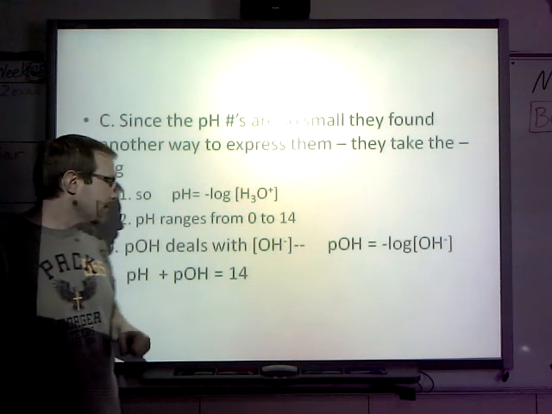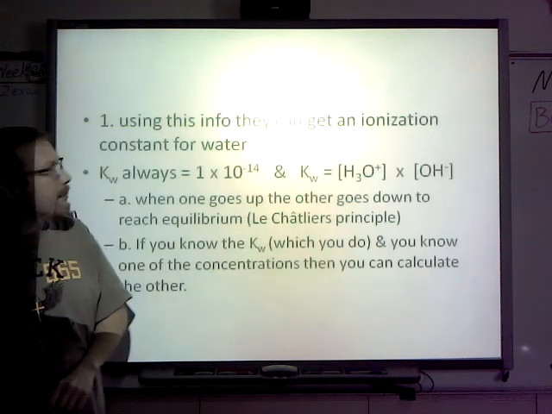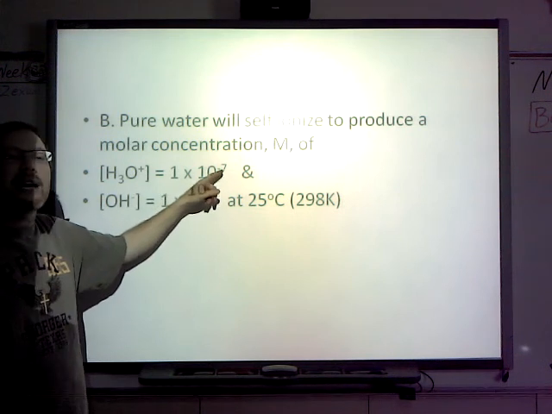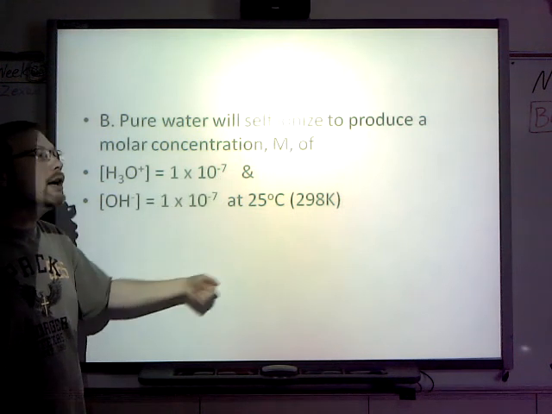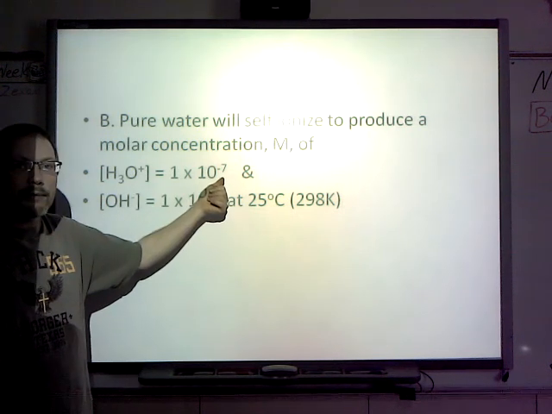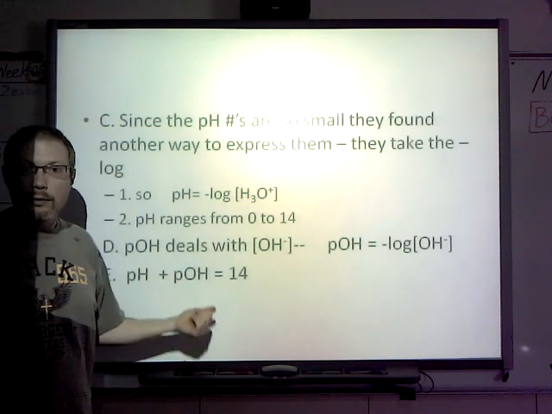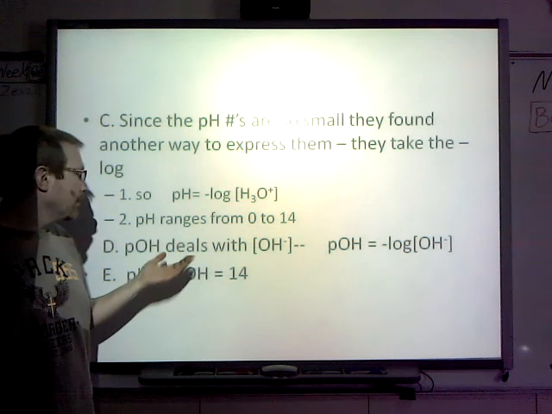Okay? So for instance, if I've got something like water, 1 times 10 to the negative 7th, I hit negative log 1 times 10 to the negative 7th, and I hit enter, it's going to spit out a 7 at me, which tells me I've got a pH of 7.